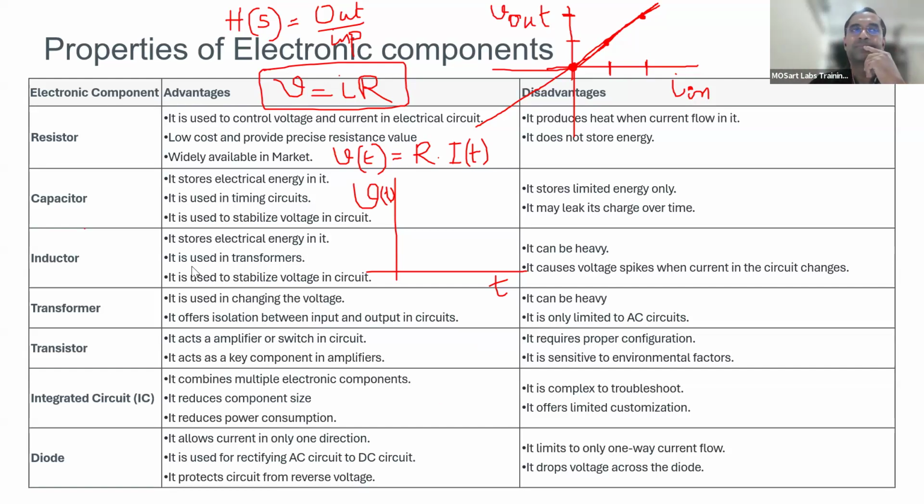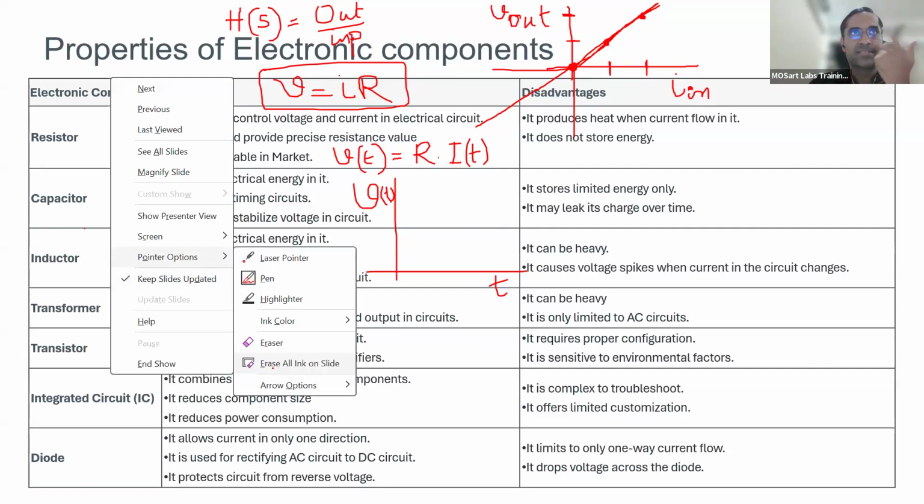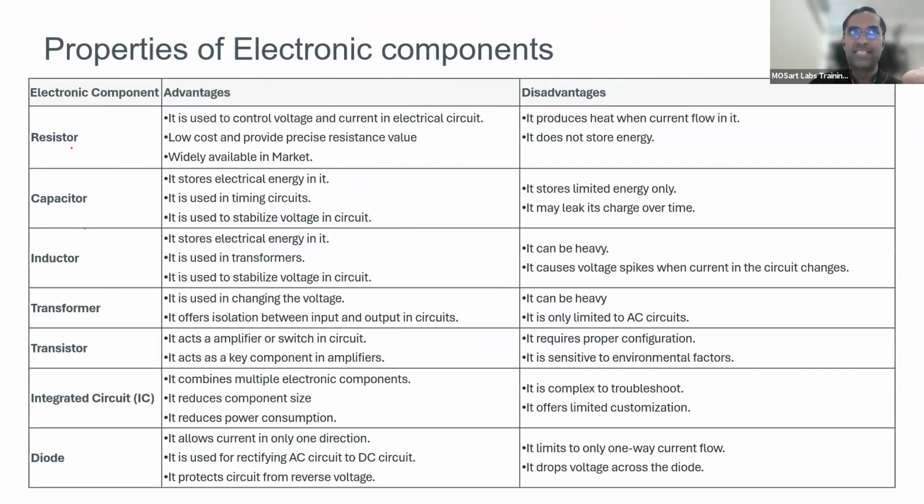Okay. So resistor wise, very cheap component, very available. Take any board, remove any component in any electronics board, you cannot build circuits without resistors. Resistors are used in filters, resistors are used in amplifiers.